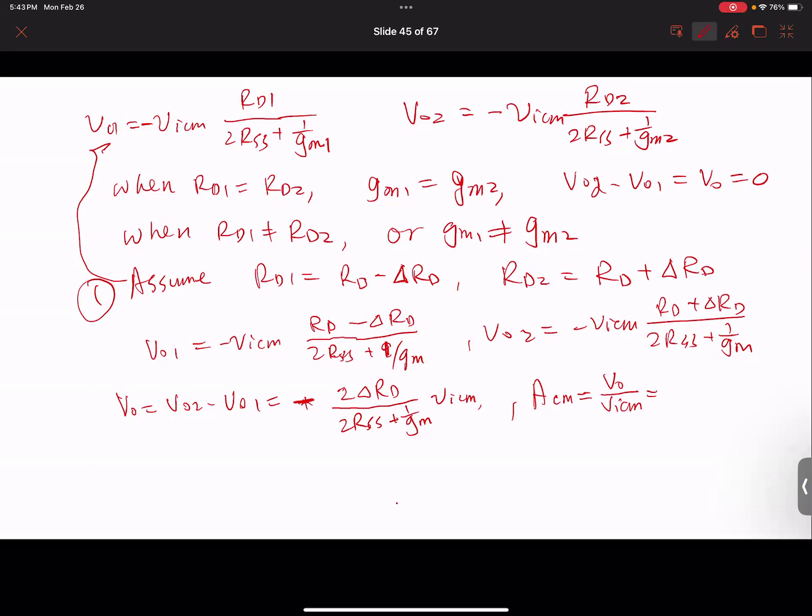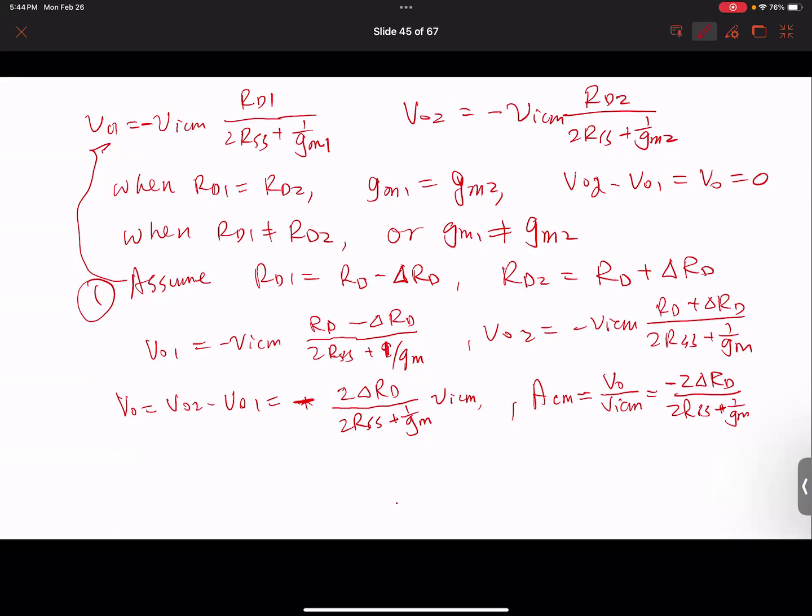When we take the ratio, we simply move the 2 times delta RD over here, divided by 2 RSS plus 1 over GM. Of course there's a minus sign, but when we take the absolute value, the minus sign will be gone. So this is your common mode gain.